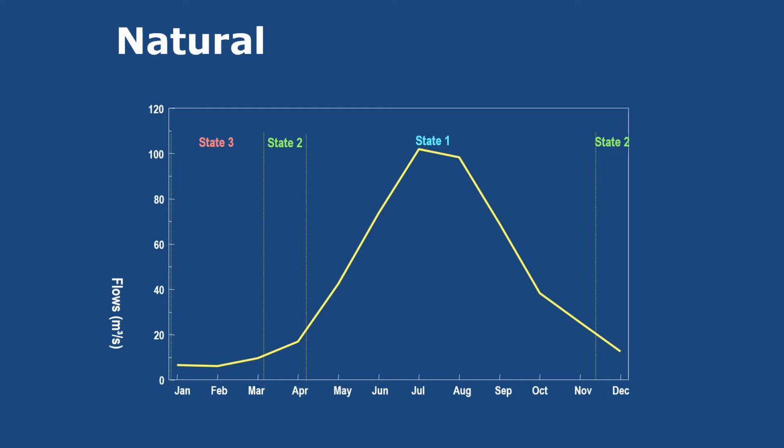And what you can see in this system is that in the winter months, basically the flows pick up enough that the system is in its open freshwater dominated state for about 7 months of the year, while it is in the transition state, semi-closed, for about 2 months, here in March to April, and again here towards the end of December. And then finally, it's got a closed state for only about 3 months of the year under the natural conditions.